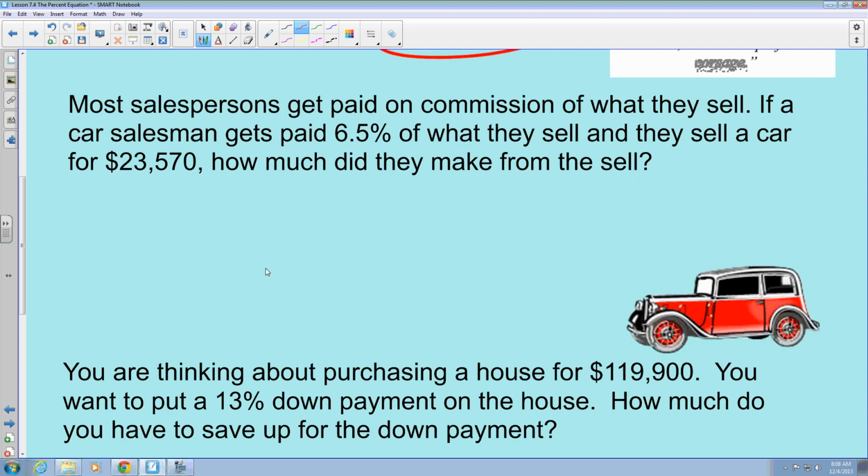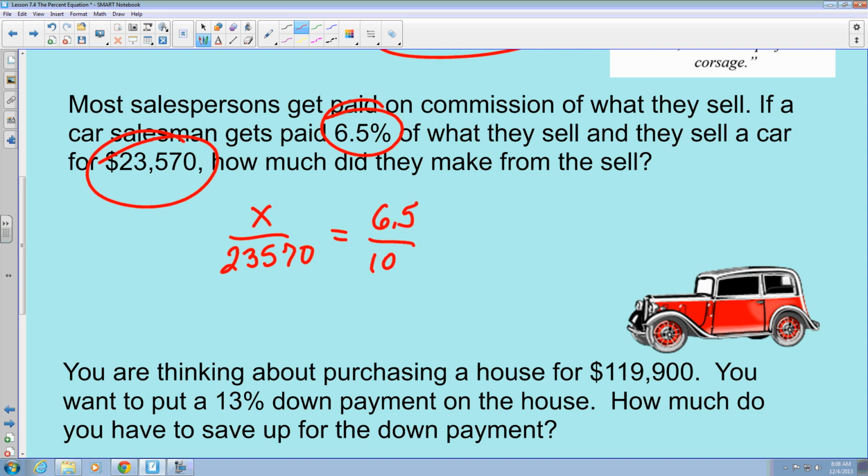Here's another one. It says most salespersons get paid on commission on what they sell. If a car salesman gets paid 6.5% of what they sell, and they sell a car for $23,570, how much did they make from the sale? Again, this is the whole, this is the percent, and we need to find the part. That part is how much they get paid from each particular car sale. So it's x over 23,570 equals 6.5 over 100.